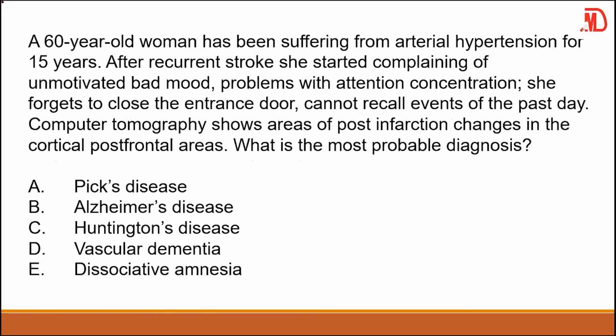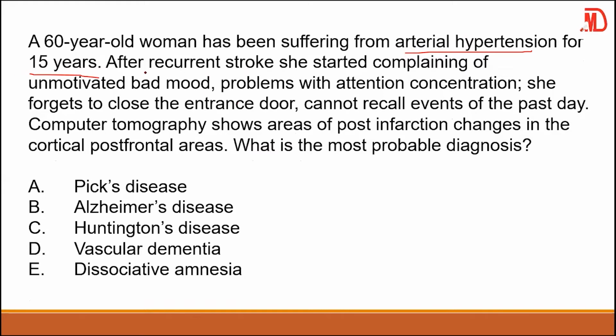A 60-year-old woman has been suffering from arterial hypertension for 15 years. Again, you begin to start thinking about a complication that can involve what? Hypertension. And we've discussed this before. Many of you contributed to this question, but let me just go over it for the sake of learning.